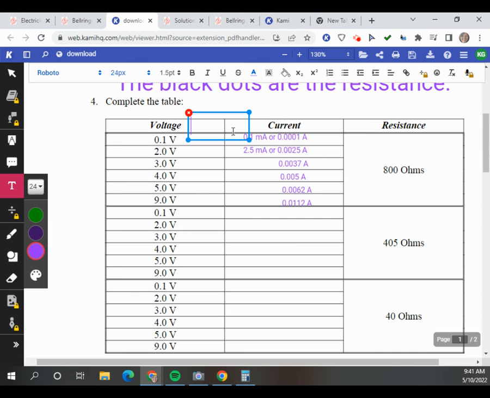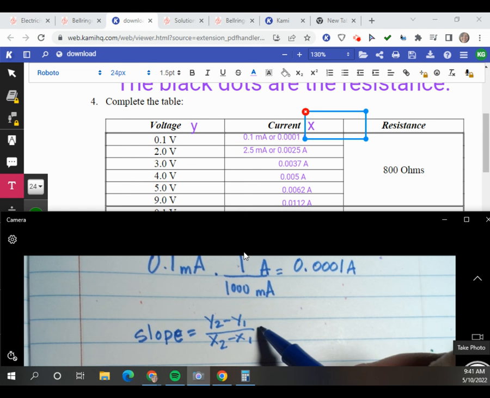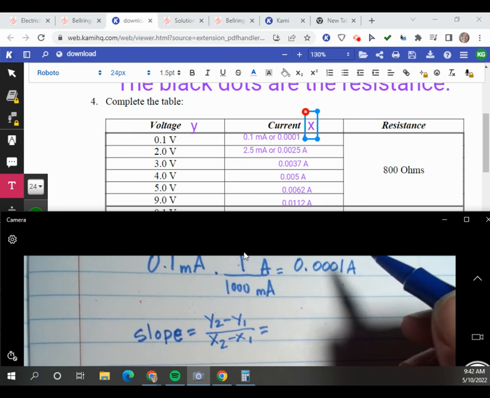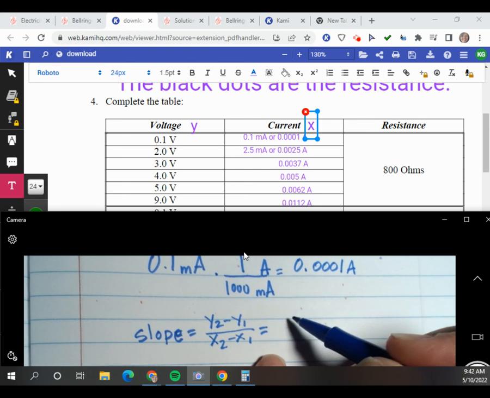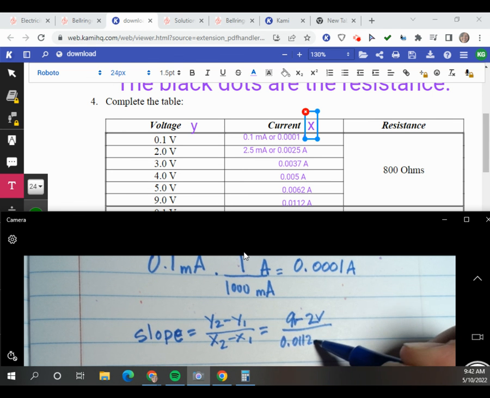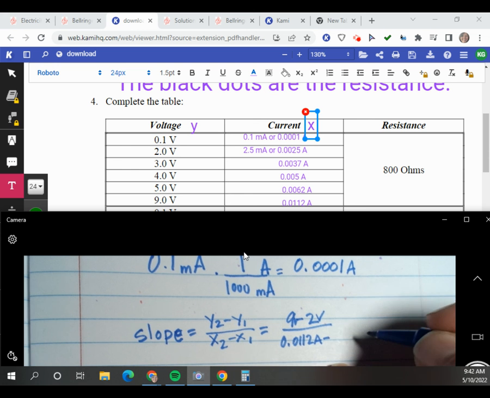So I'm going to type this so that I don't forget. And the current was going to be my x. That'll help me remember as we talk about slope a little bit. And I'm just going to do the last one and the second to last because those numbers are better for me. The y is going to be 9 minus 2 volts. Make sure you have our units. And 0.0112 amps minus 0.0025 amps.